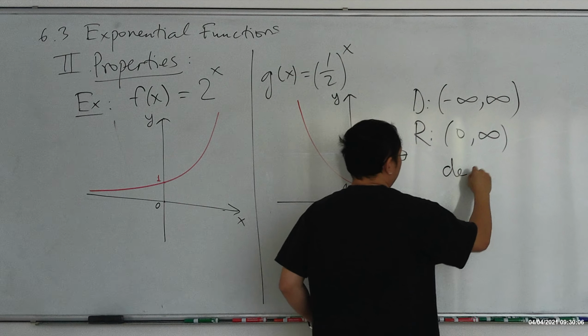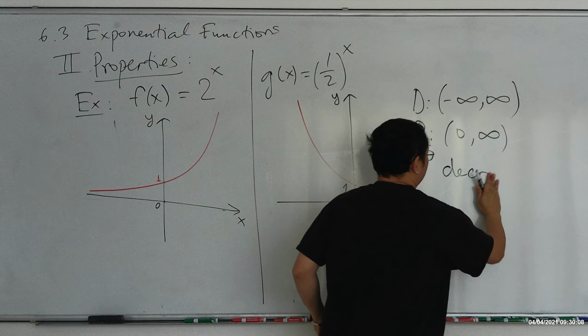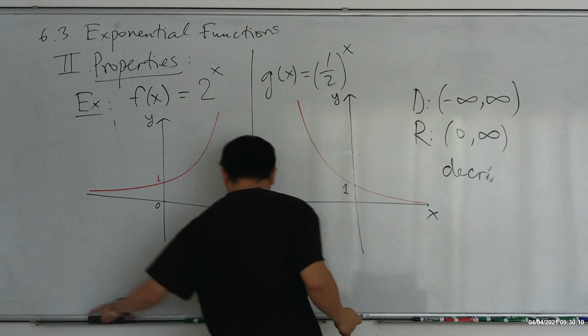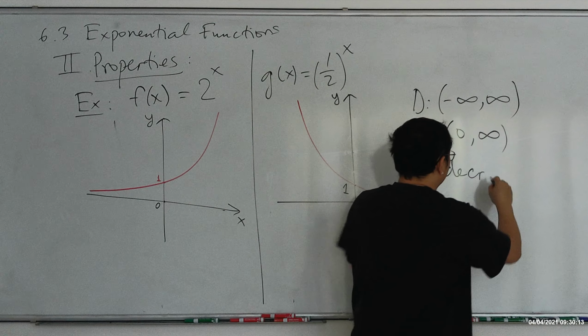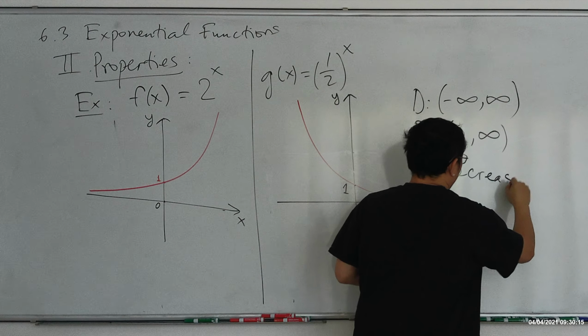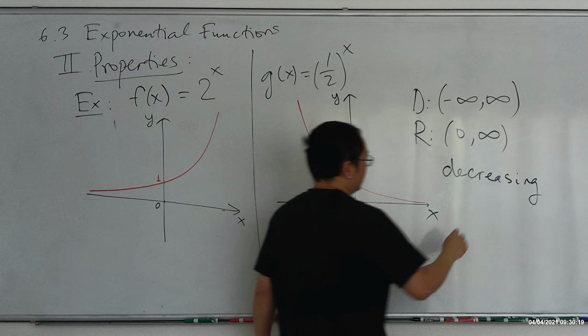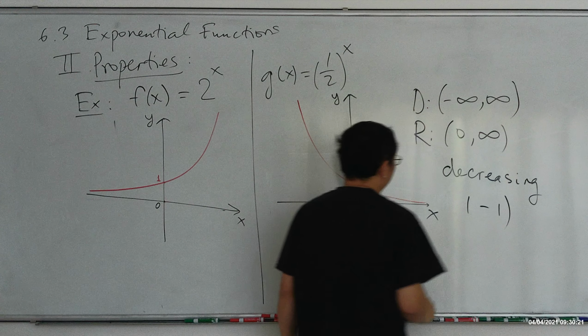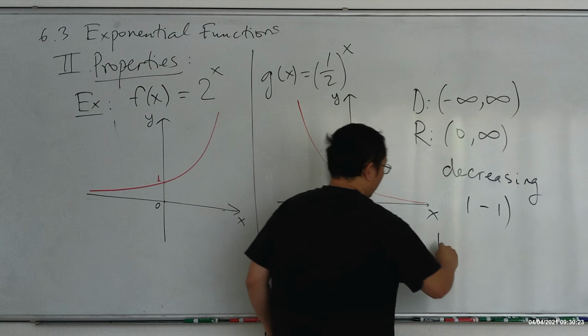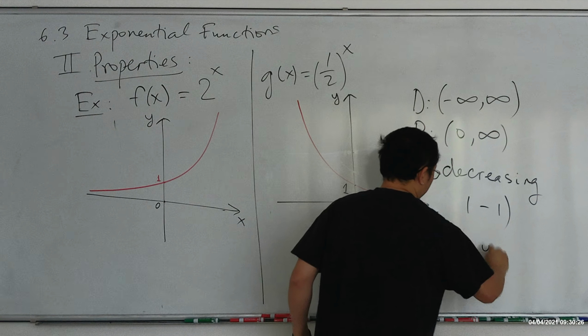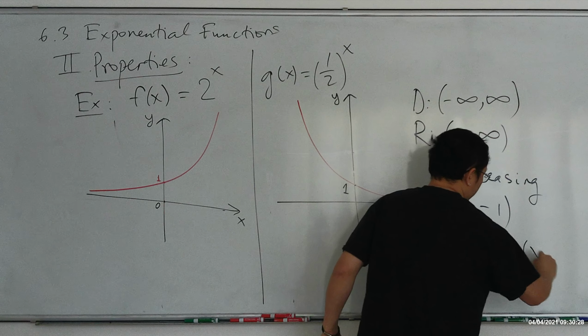The function is decreasing. And of course, a decreasing function is always one-to-one. And this also has the horizontal asymptote at y equal to 0, which is the x-axis.